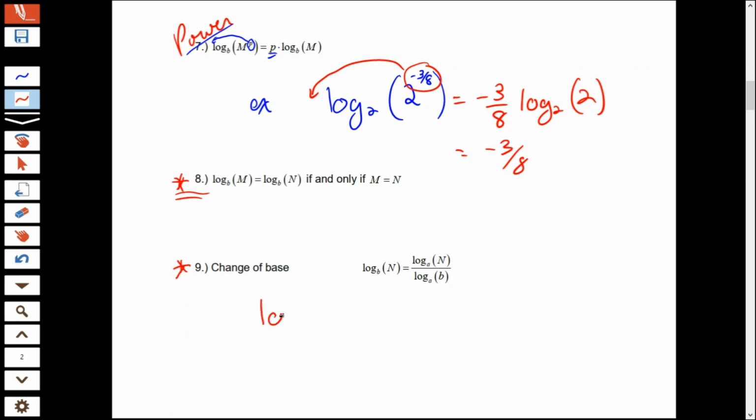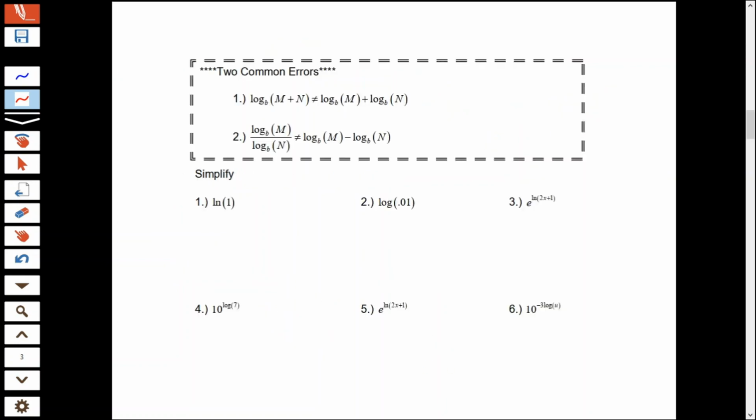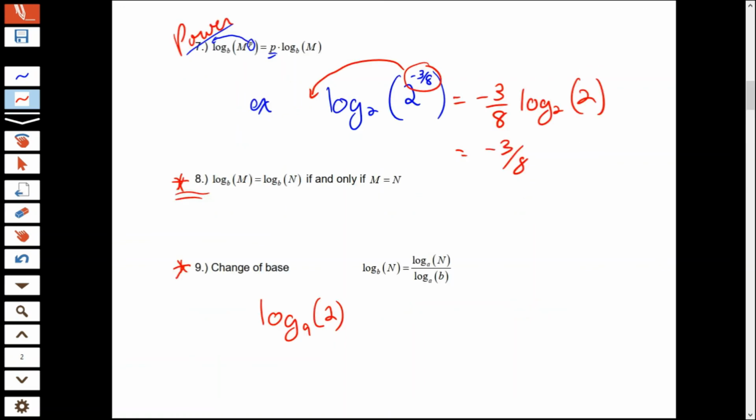If you were trying to calculate, let's say, log base 9 of 2, and you hit the button for log base b of something in the web work function notation, what you would have seen is log of something divided by log of something.